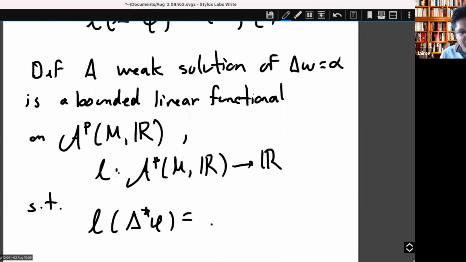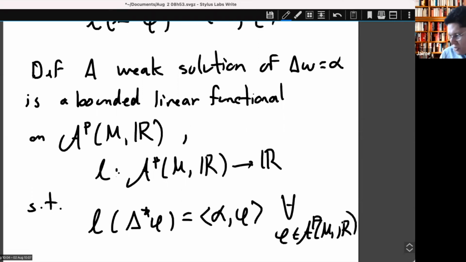Such that when you apply L to this, you get this for every psi in A^P. Okay.